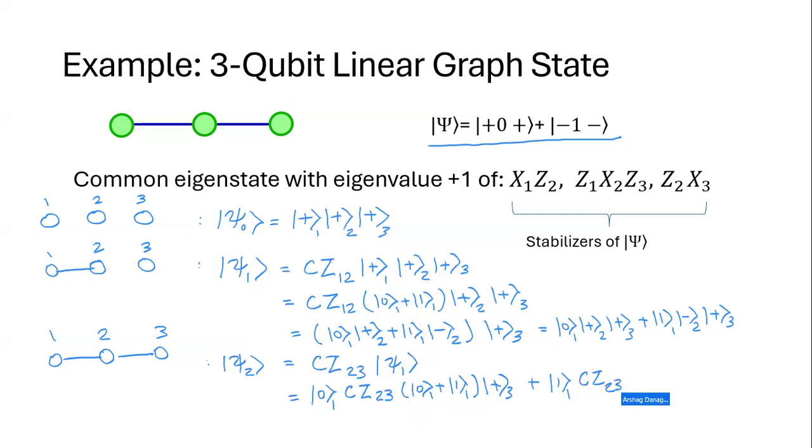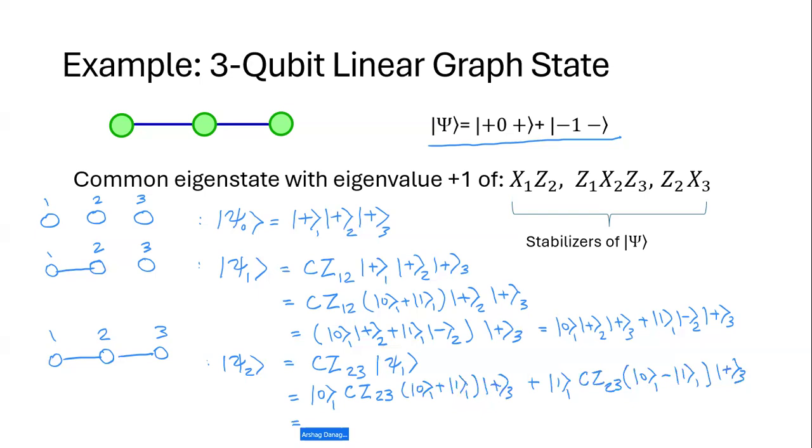Right? Just using the previous state we found. I'm just expanding that state with respect to the second qubit. Right, so we just wrote down what the plus and the minus are for the second qubit. And now we just act with the CZ gate. And that gives us the desired final state.